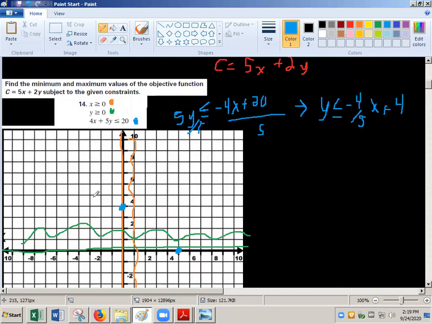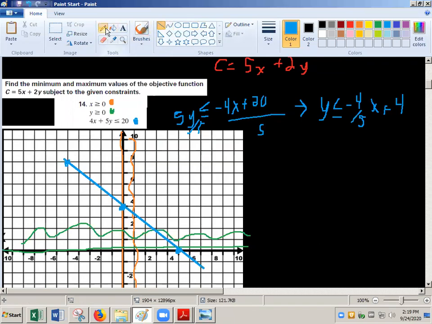Or I could be going up 4 and to the left 5. Again, I have another bolded line because these things are all less than or equal to or greater than or equal to. So something like this.